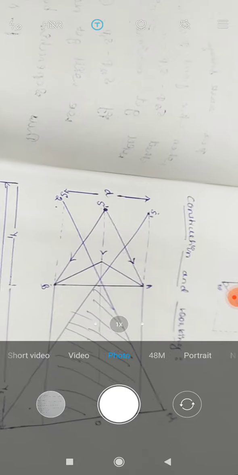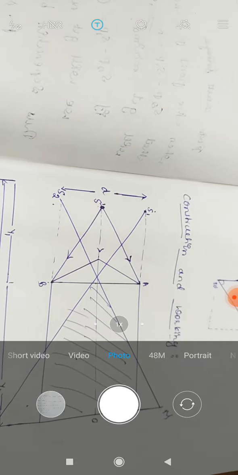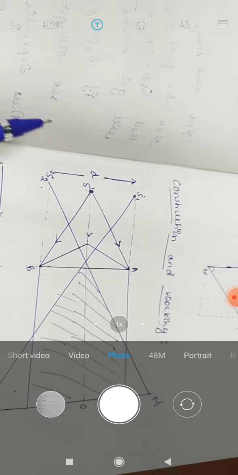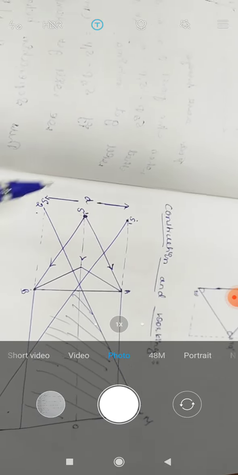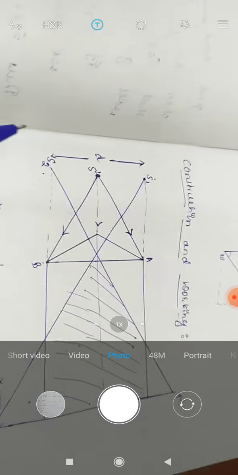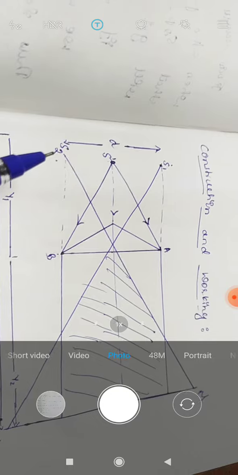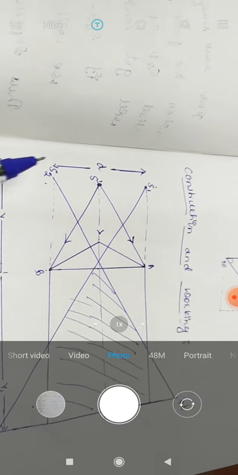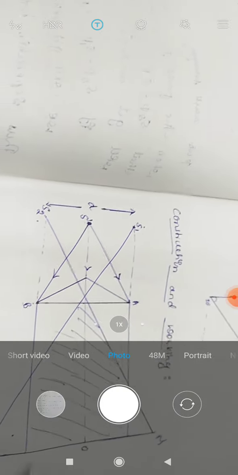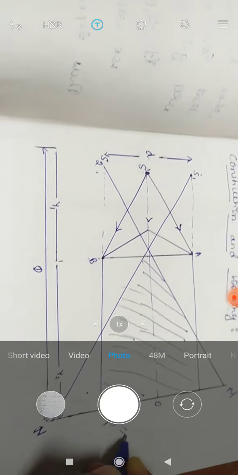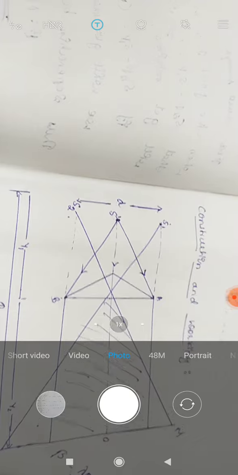This Fresnel biprism can be used to determine the wavelength of the monochromatic light that we used, and also to find the fringe width of the fringes. The fringe width can be expressed as beta equals lambda D by d.